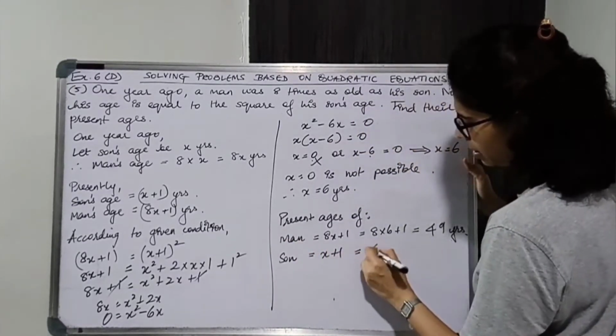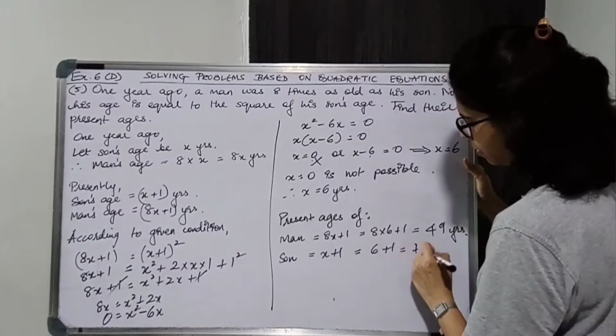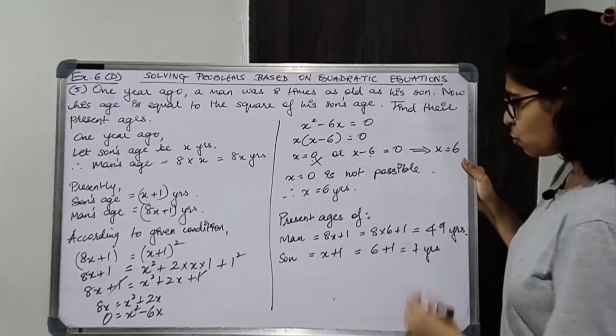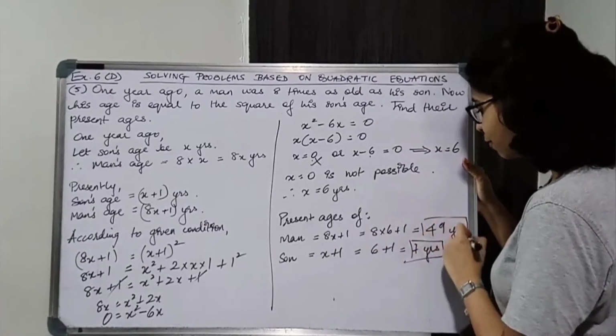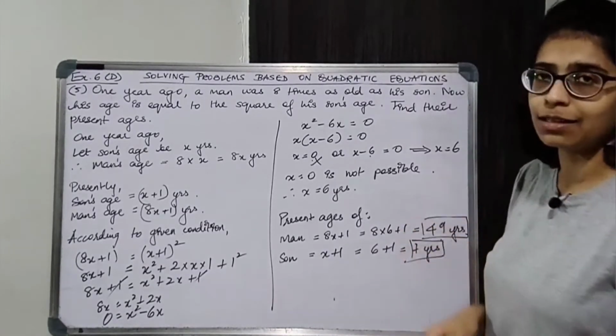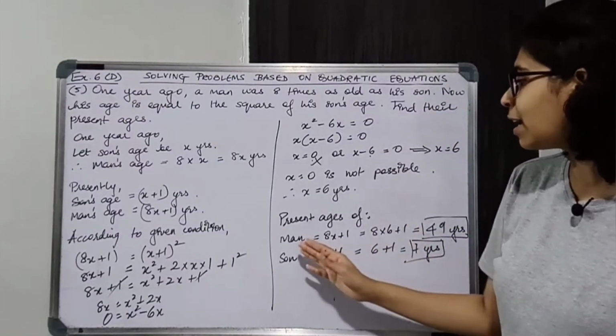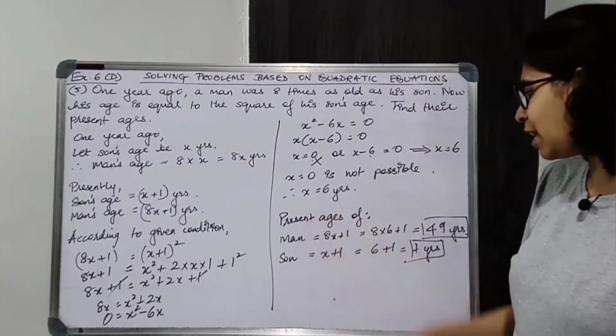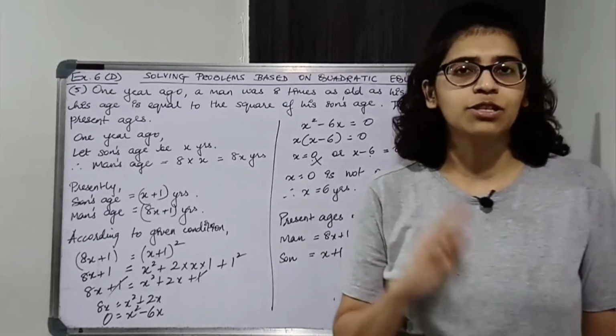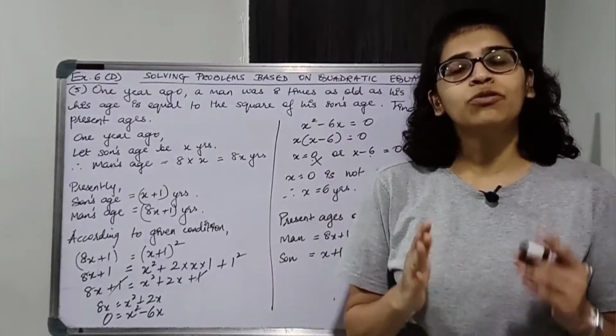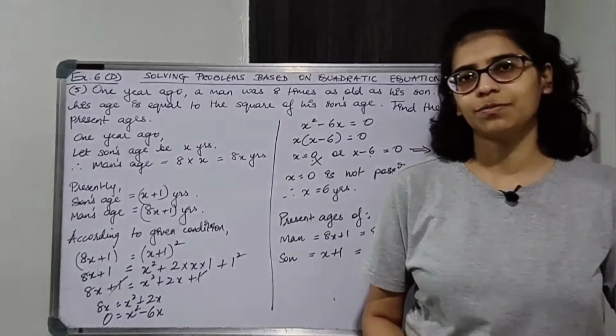So that will be 6 plus 1, that is 7 years. Okay. So we found the present ages of man and his son. So write down the final statement. The present ages of son and man is 7 years and 49 years respectively. Okay. So don't forget the unit, box the answer.